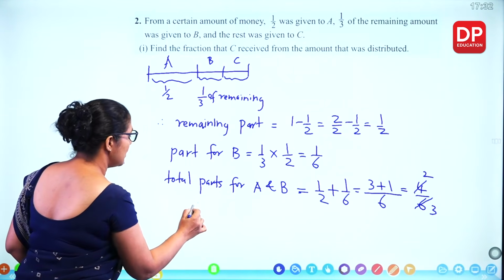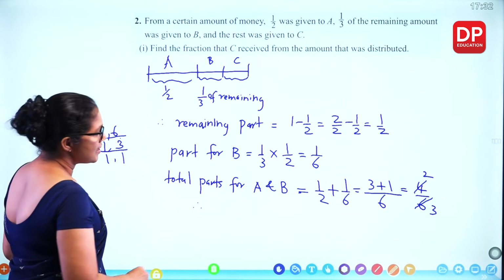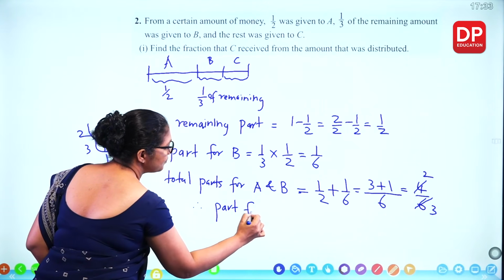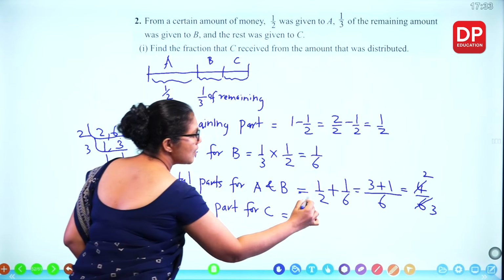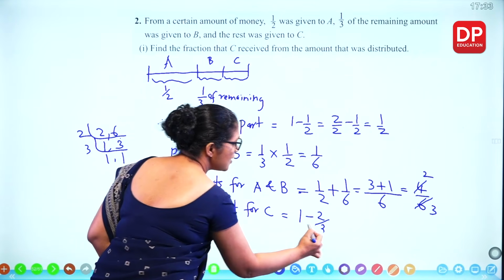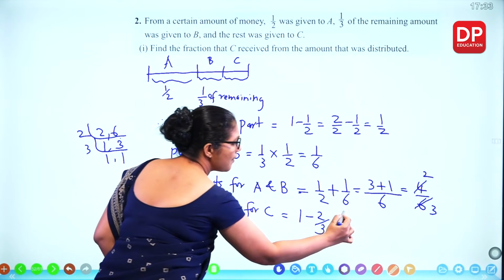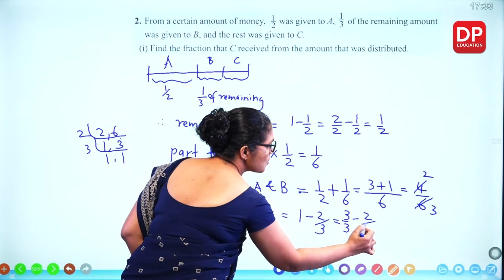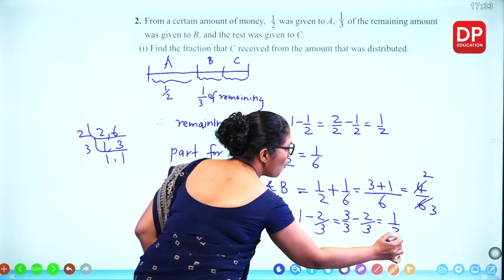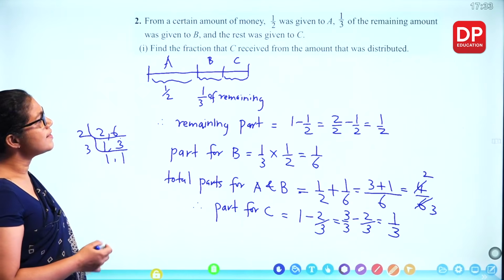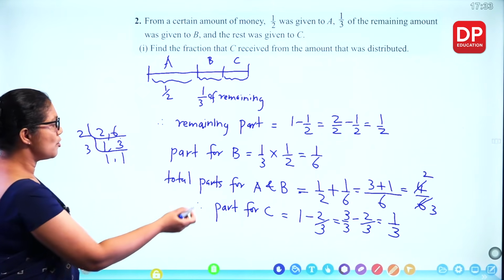So what's the remaining part? So the part for C becomes 1 minus 2/3. Again, you can write 3/3 minus 2/3. You get 1/3. So they are asking to find the fraction that C received from the amount that was distributed.